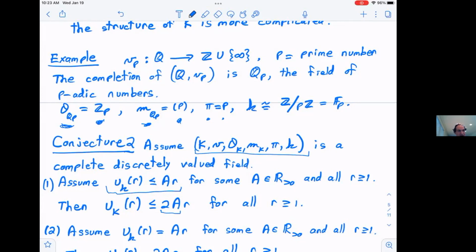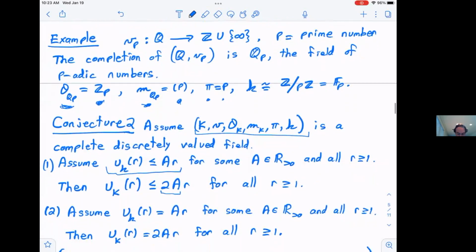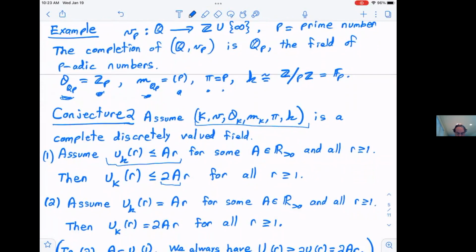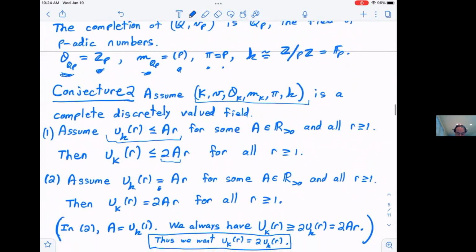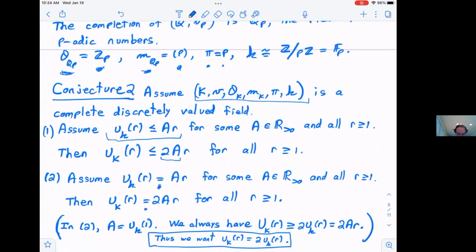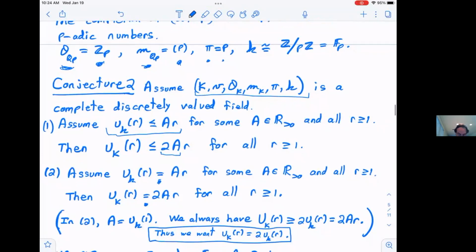And then just as before, a more precise conjecture would be: assume that I actually have equality in the residue field. Then the conjecture would be that over the complete field, I also have equality for all r greater than or equal to 1. And just for the record, what do we know in a trivial way?